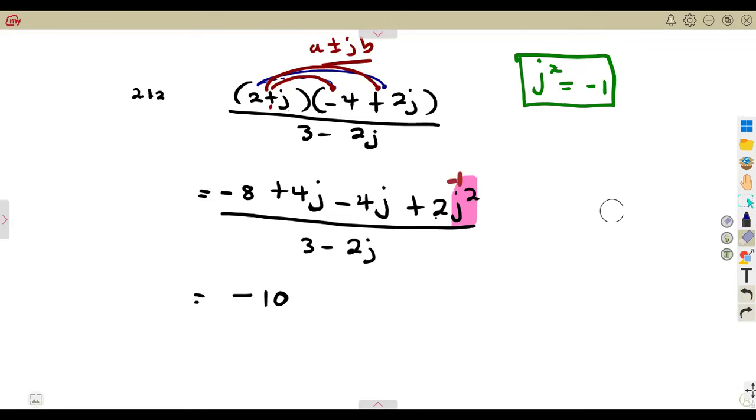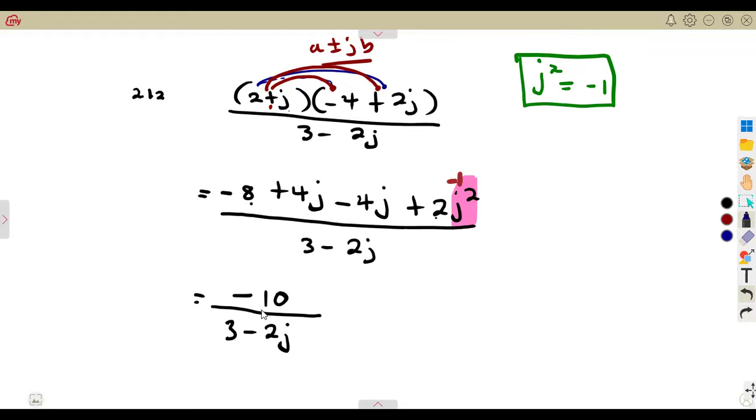So this is what we are having on top here. We have simplified minus 8 and minus 2, everything over the denominator, which is 3 minus 2J. In this condition, remember, you're supposed to maintain the rectangular form. So what is it that we're supposed to do here?